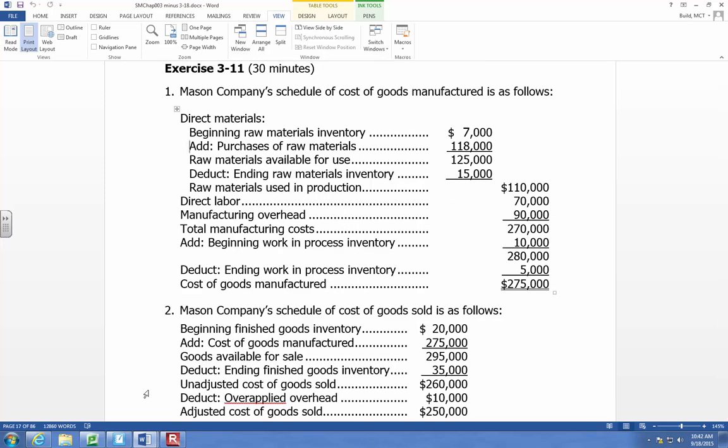And it says 10,000. So I thought it might be manufacturer applied, which was 9,000, minus the manufacturer actual, which was 8,000. Did that give you 10,000? Yes. Okay. Her question was, where did this 10 grand come from? You have to calculate that. Over or under applied overhead, which is what we've just been practicing. I just did this through.